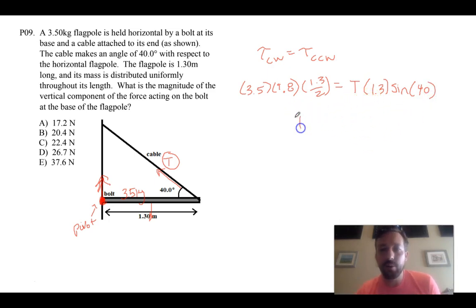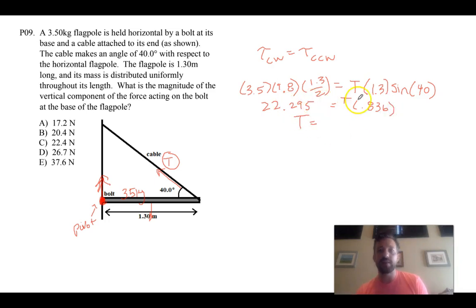Okay, so I will just do this real quick and tell you what the answer for tension is. Okay, it's 3.5 times 9.8 times 1.3 divided by 2. Okay, so the left-hand side comes out to be, here, I'll write it underneath here, 22.295 is equal to this tension times 1.3 times sine of 40, which comes out to be 0.836.